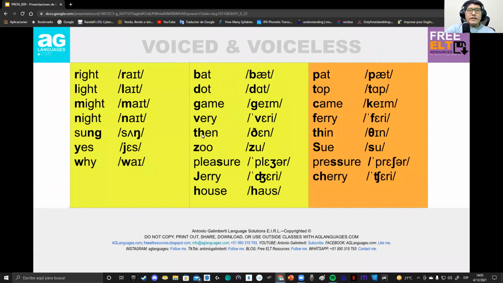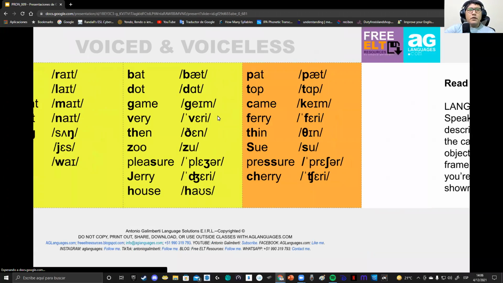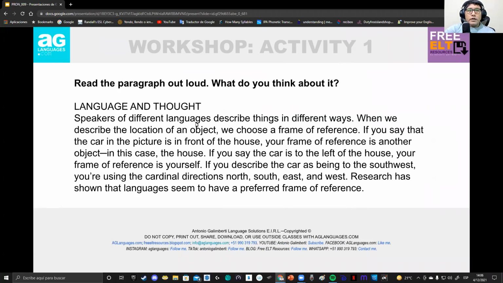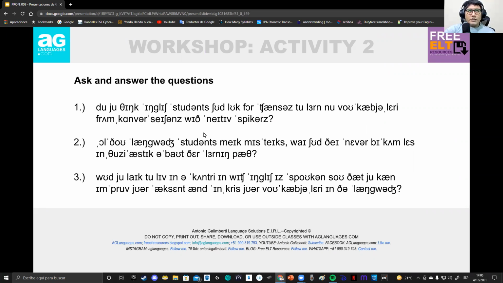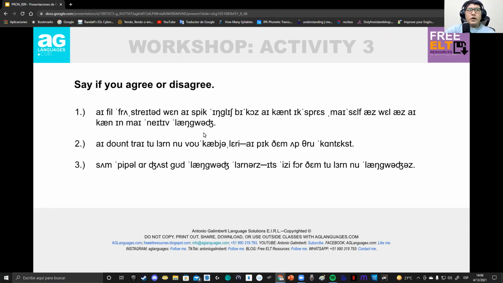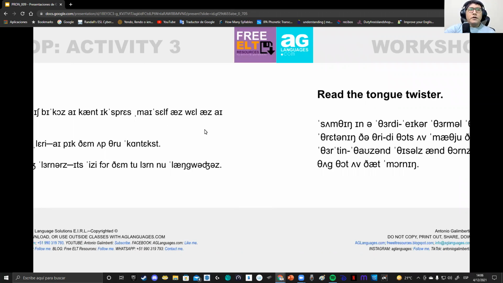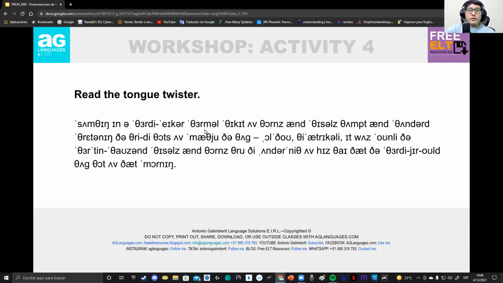We are going to see the differences between the voiced consonants and the ones that are voiceless. We have our article, a paragraph, where we are going to get the samples we need. We have our questions, 3 of them, our statements, and we are going to see if you agree or disagree with them. And of course, we have our tongue twister.